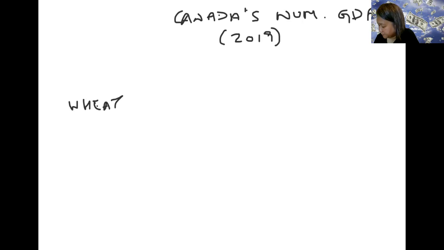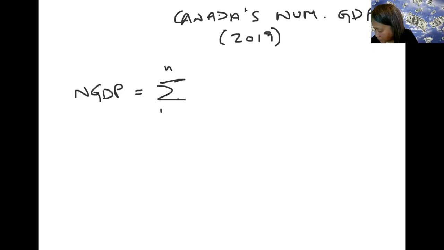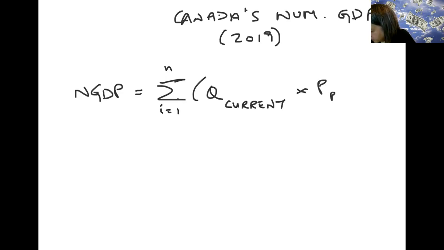actually, I'm going to back up here. And I'm just going to tell you that to calculate nominal GDP, which I abbreviate as NGDP, the formula is the summation of current output, so that is Q current, times P current, so price current.